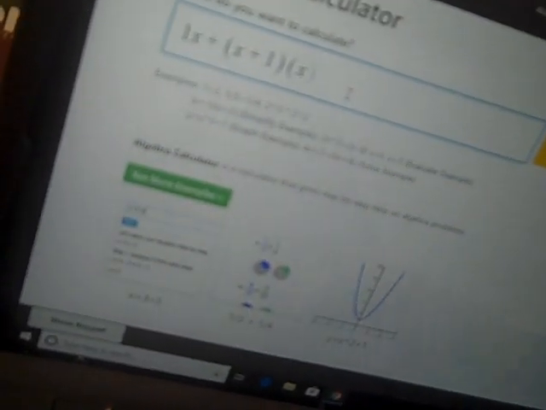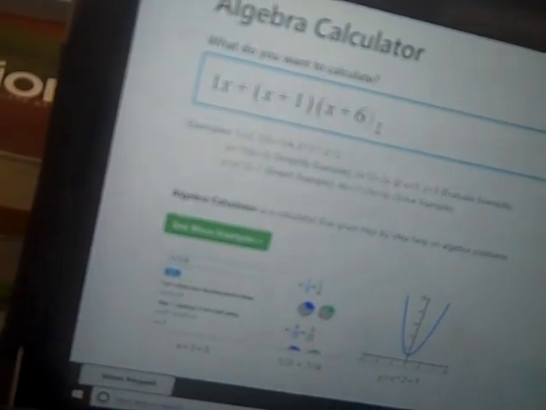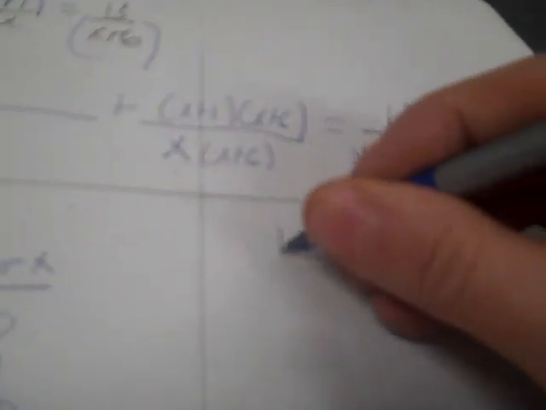So I go to 1x plus, and then parentheses, x plus 1, parentheses, x plus 6. Otherwise, you have to FOIL that out and collect like terms. It's miserable. So 1x squared plus 8x plus 6.